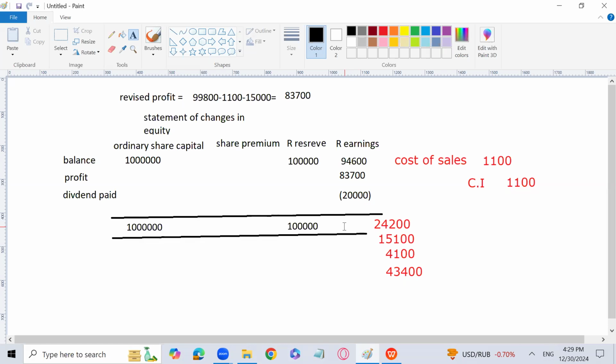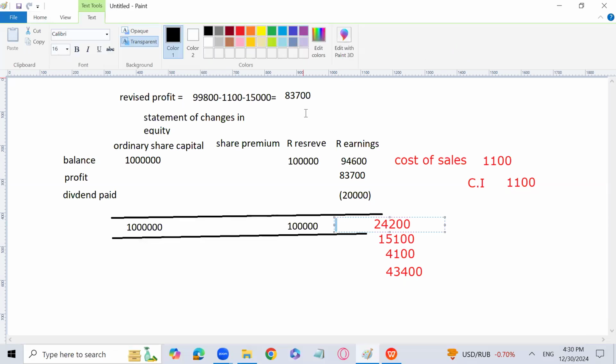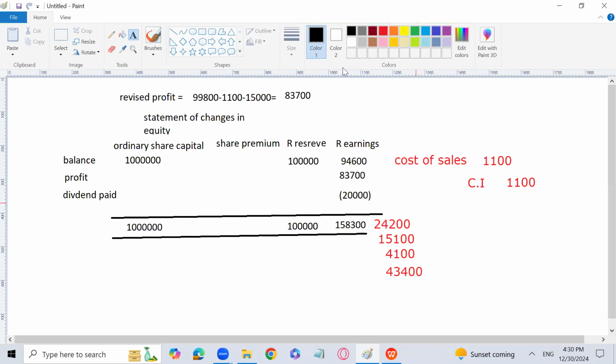What is going to be the retained earnings at the end? So 94,600 plus 83,700 minus 20,000. That is 158,300. So 158,300 is the retained earnings.